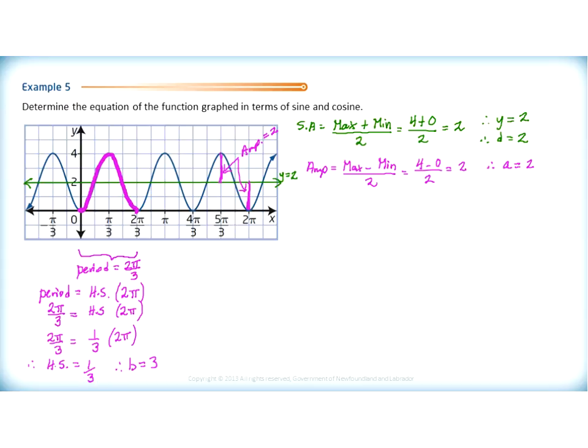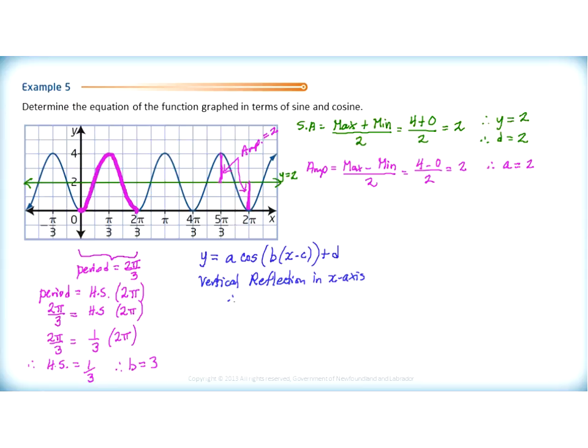So the first equation that we will come up with will be in terms of cosine. So it's A times the cosine of B outside of x minus c plus d. Note that you had a vertical reflection in that section of the graph. A vertical reflection in the x-axis.